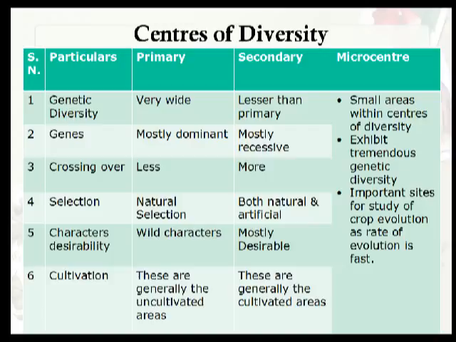And because in secondary we are talking about domesticated varieties, there will be both natural and artificial selection. Again, characters will be wild characters in primary and desirable characters in secondary. Again, I told you, because these are wild varieties, they are mostly in uncultivated areas. Secondary, these are domesticated varieties, so they are in cultivated areas.